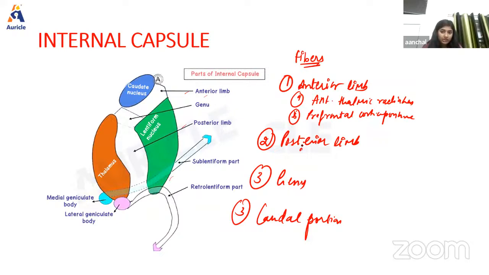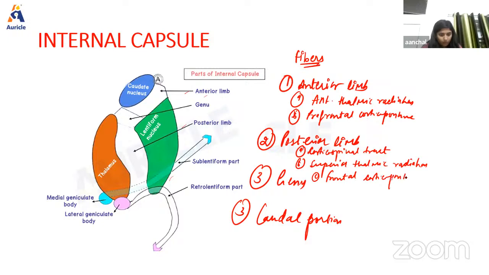Whereas the posterior limb has fibers like the corticospinal tract, then the superior thalamic radiation, then the frontal corticopontine tract.